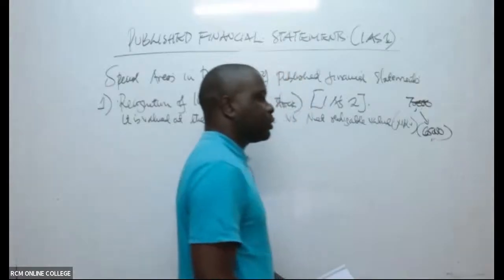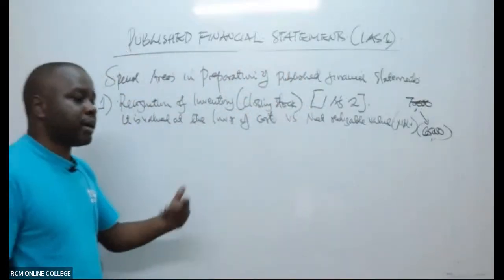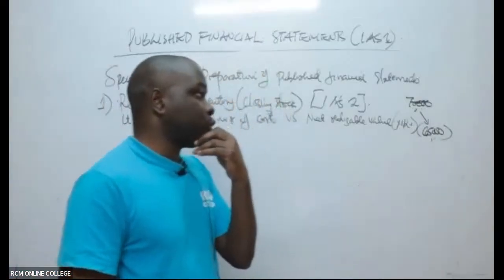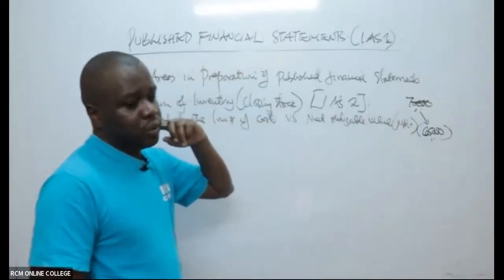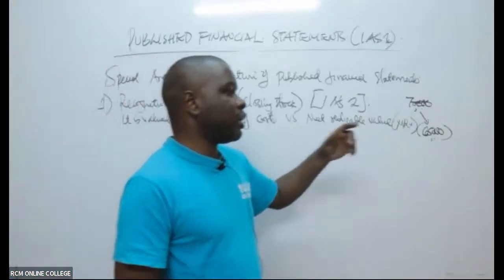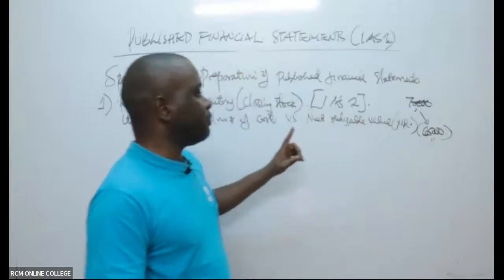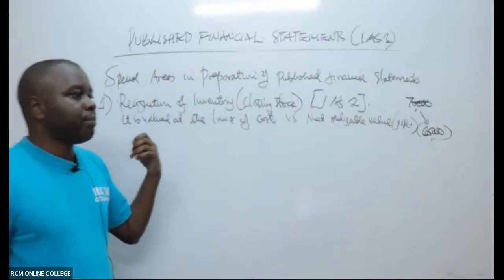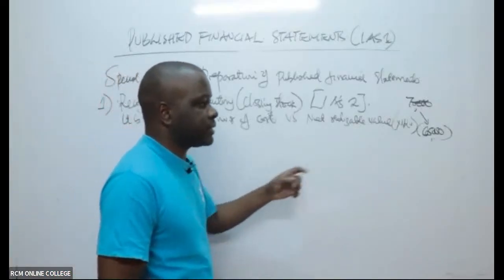Obviously, when you purchase items, you are expecting to sell them at a profit. But a number of factors could cause you not to realize even the amount you purchased those items for, and you end up disposing of them at a lower value. If that is the case, when you are valuing this inventory for the balance sheet, or calculating the profits in the P&L or income statement, you'll take 65,000.